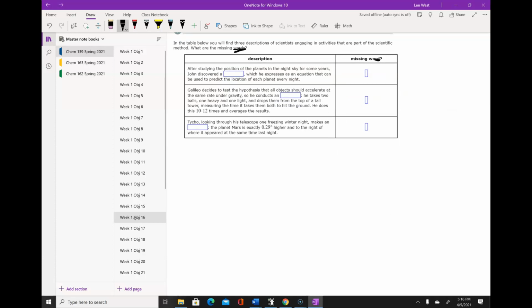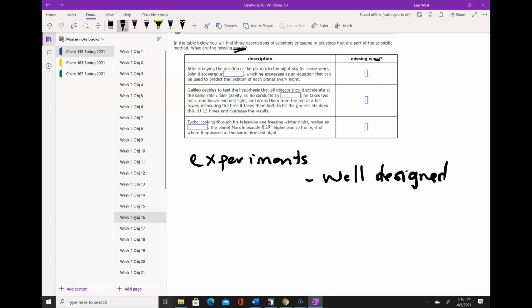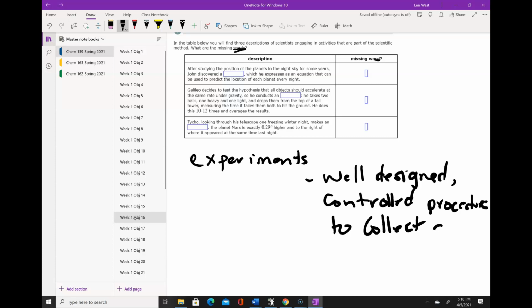So starting from the beginning of the scientific method, what we're going to do is experiments, which is a well-designed, controlled procedure to collect data about our system.